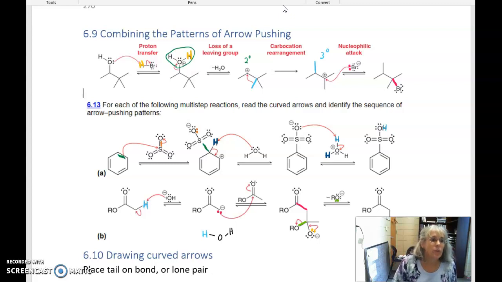All right, so here we have electrons, and we see the electrons are being pulled from this pi bond to the sulfur. So that looks like a nucleophilic attack. These electrons right here are making this bond. So that's a nucleophilic attack.